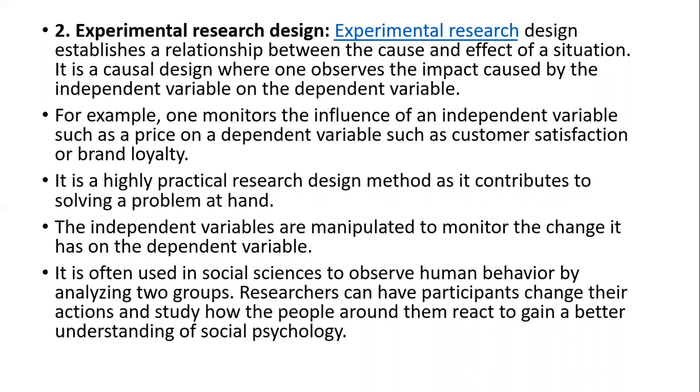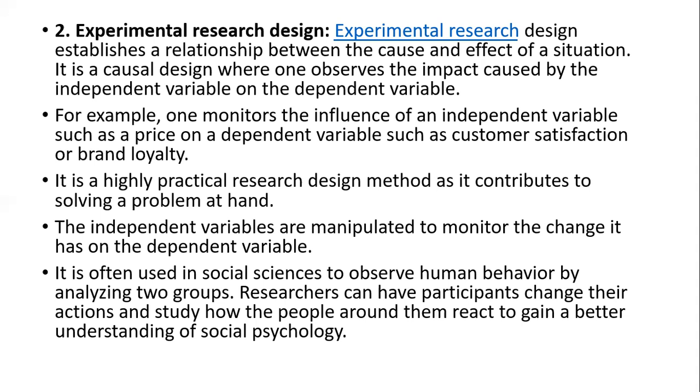For example, we can say the production cost is totally dependent on the fixed cost and the variable cost. So here there are two things which determine the production cost.